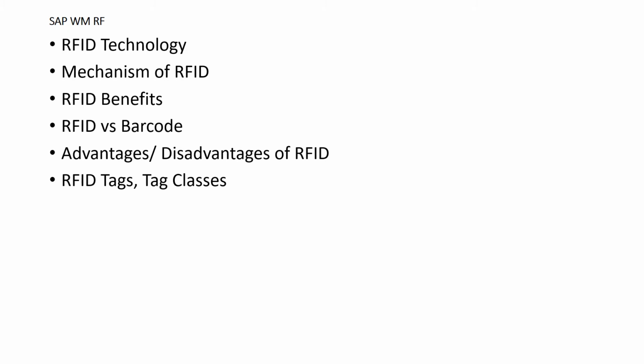So each will have some advantages and disadvantages. When we talk about the advantages of RFID, the technology does not require line-of-sight reading, whereas with barcodes a line of sight is required for the reader to read them.